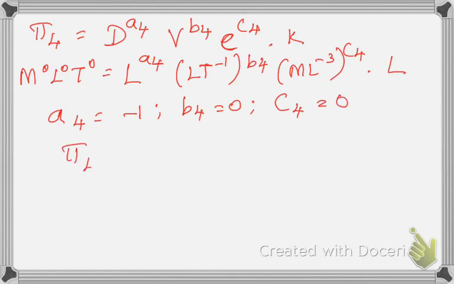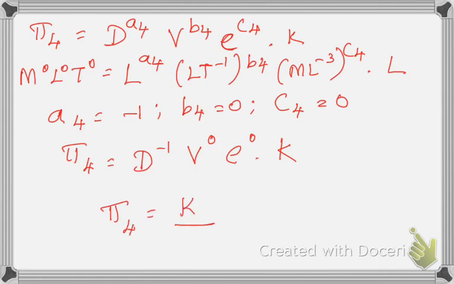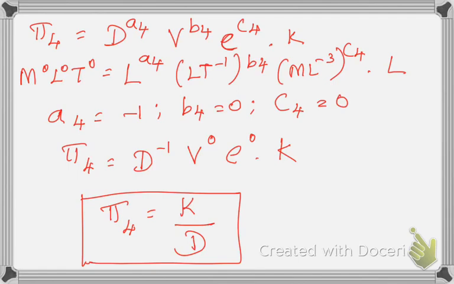So my pi 4 will be equal to d power minus 1 v power 0 rho power 0 into k. So pi 4 is equal to k by d. So this is the pi term I have got.